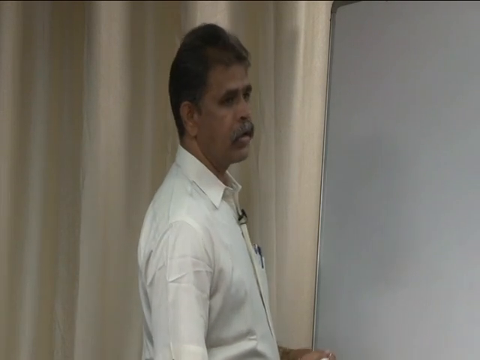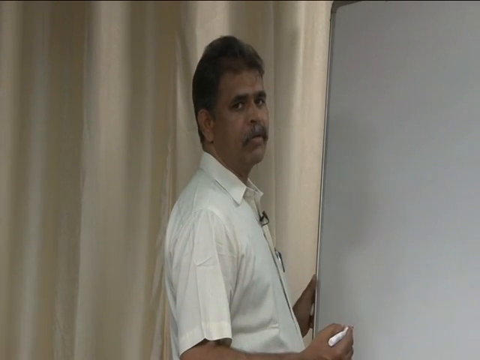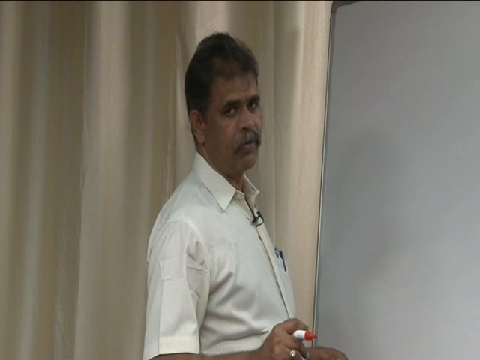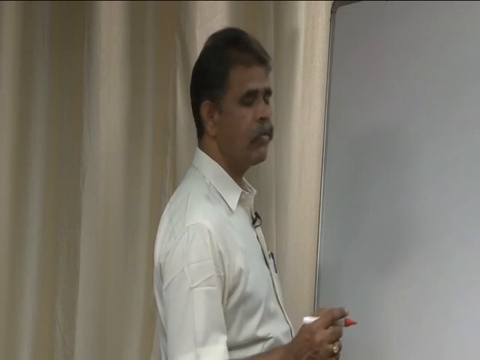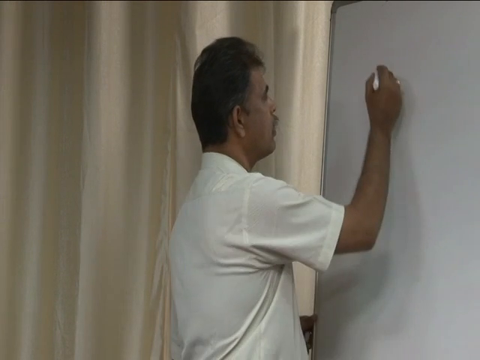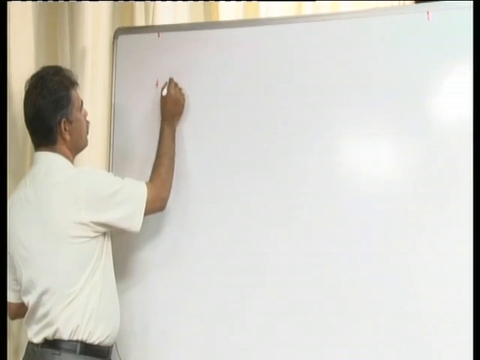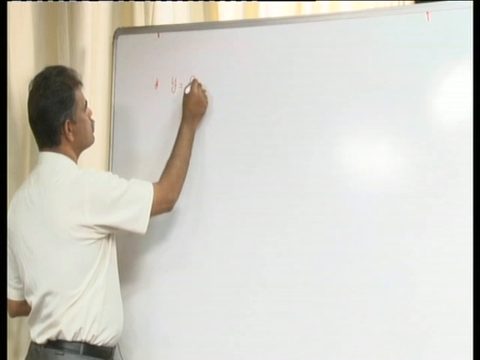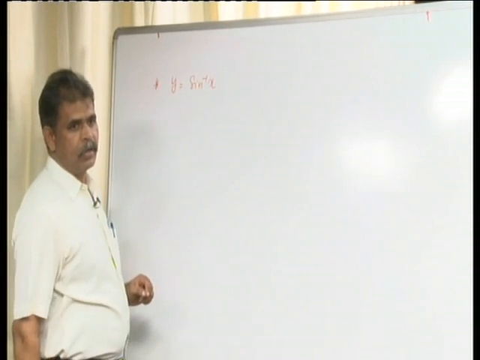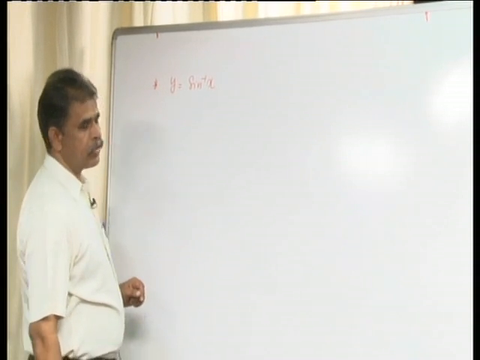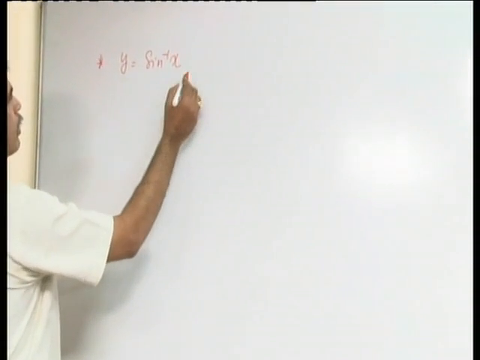Let us take one of the inverse trigonometric functions, and based on that we can go for the other inverse trigonometric functions. Let us take y is equal to sin inverse x. This is an inverse trigonometric function.